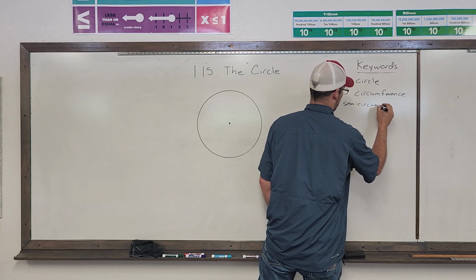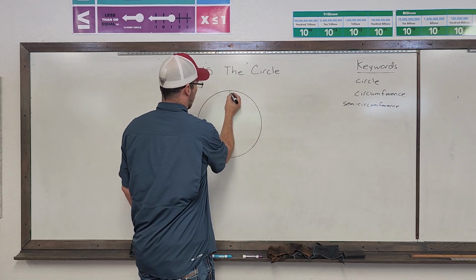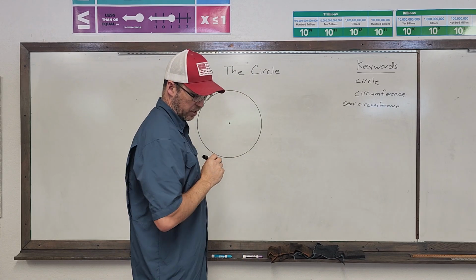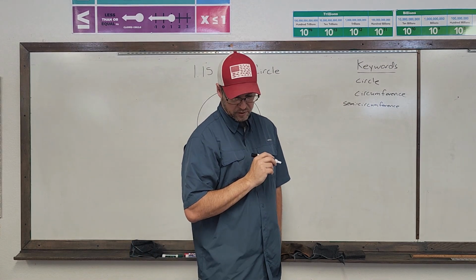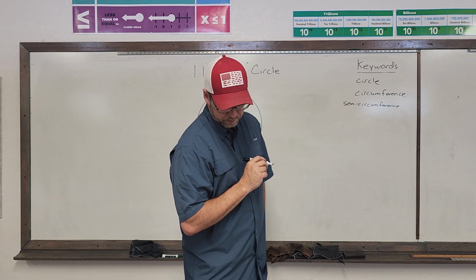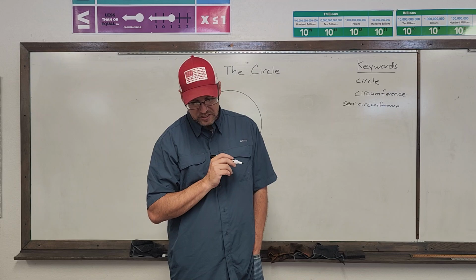Semi-circumference would be if I started at one point and I went 180 degrees around that circle. That would give me my semicircle. That's half of the circumference. All right, let's talk about diameter. Diameter is a line through the center with its ends on the circle.